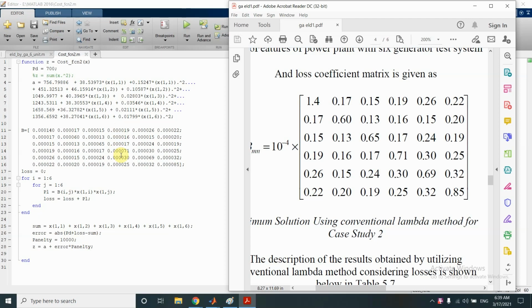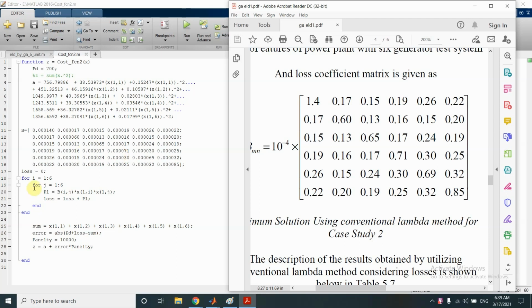For B43 we multiply the generation of fourth unit and third unit with B43, and similarly for each element in the B matrix, we multiply the generation decided by the indices of that element, the row number and column number, and we add all these terms after multiplication.